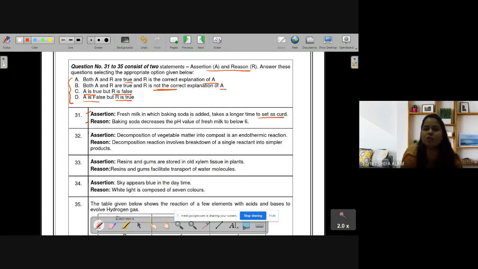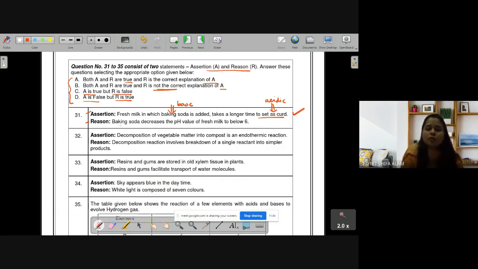However, when baking soda is added, it takes a little longer time to set as curd because baking soda, being a base, helps to pull up the pH level. And when it changes into curd, it becomes slightly acidic because of the formation of lactic acid. So assertion is a correct statement.